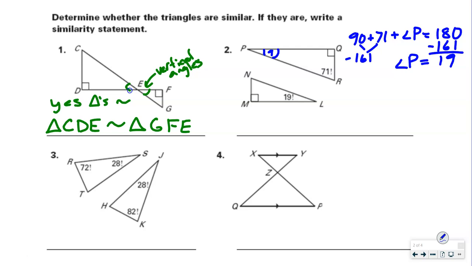So that is congruent with angle L. So we've got our two sets of angles that are congruent. So yes, triangles are similar. And our similarity statement, if I name my first one PQR, PQR is similar to LMN.